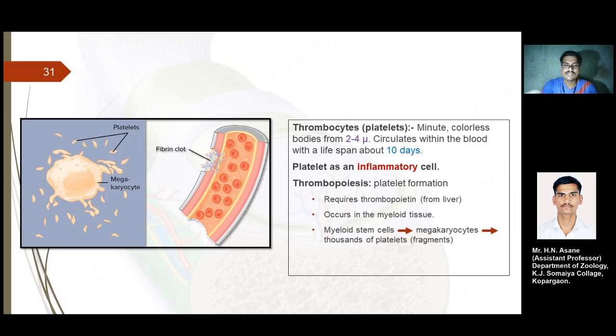These megakaryocytes get fragmented, meaning the platelets get fragmented from the megakaryocytes, and a number of platelets are produced from one megakaryocyte. The parental cells of these megakaryocytes are the myeloid stem cells. The megakaryocyte fragments into a number of cells, and hence the platelets are produced.